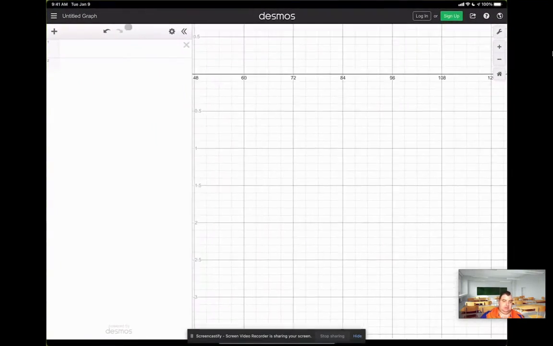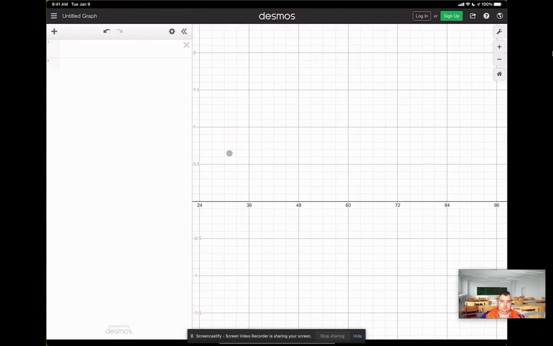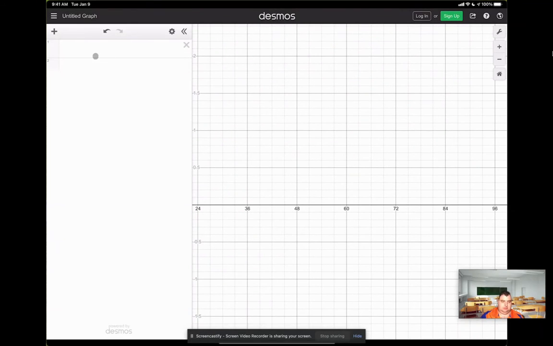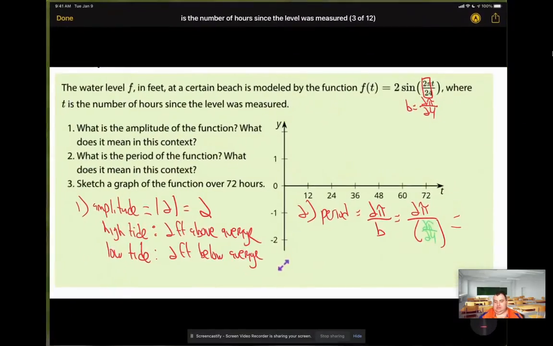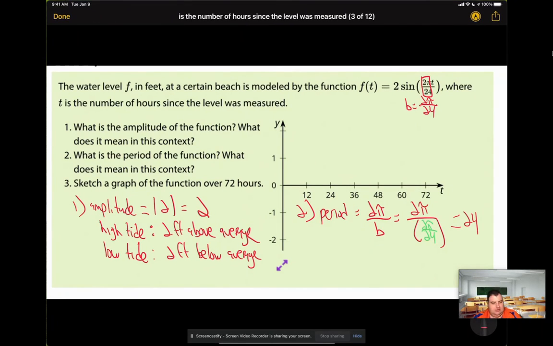So it's 2 pi divided by 2 pi over 24. And I get a period of 24, and this is going to be 24 hours. Okay, so the period is 24 hours.